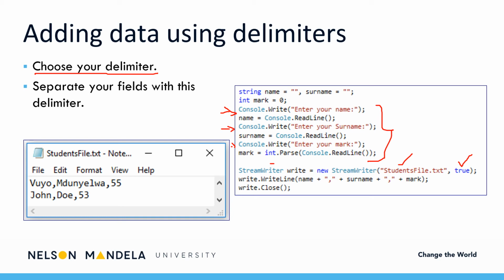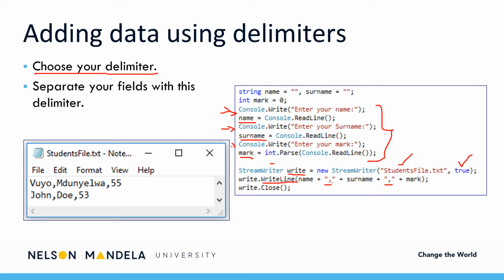You say write, which writes to a file, dot write line, specifying that each and every line should go to a new line. So here's the delimiter, it's a comma, and then here's a delimiter, that's a comma. So when you're adding your information, you add the name plus a comma, and then the surname plus a comma, and then plus the mark.